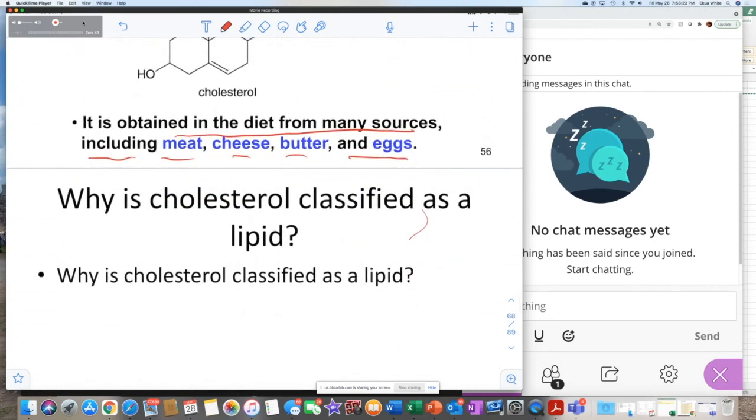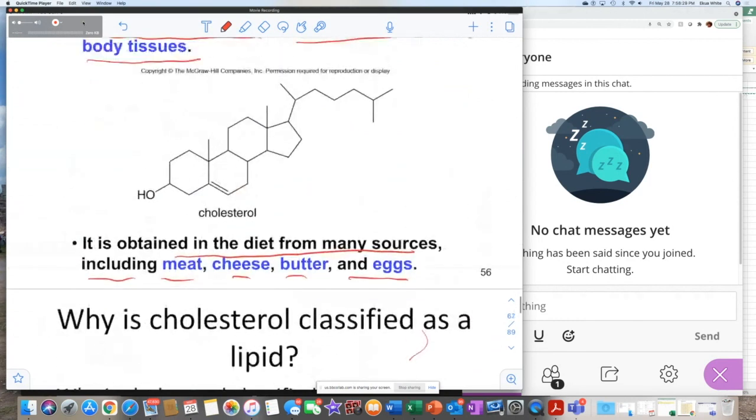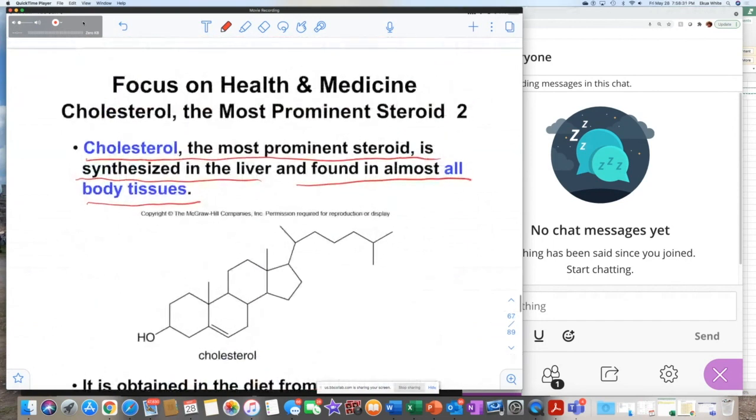Well, we talked about cholesterol being one of those non-hydrolyzable lipids, right? It's non-hydrolyzable. So when you see right here, it has so many carbon-hydrogen bonds. And these are those non-hydrolyzable lipids where you can't just add water to them and expect them to break apart, right?